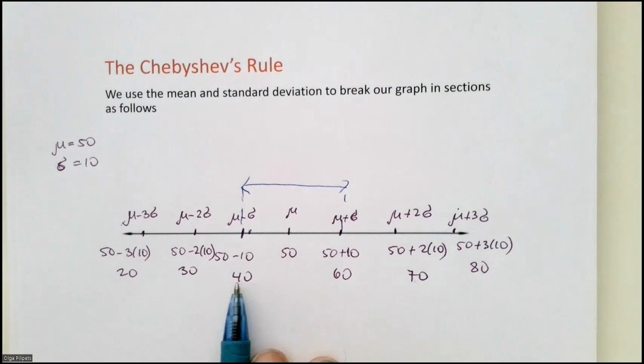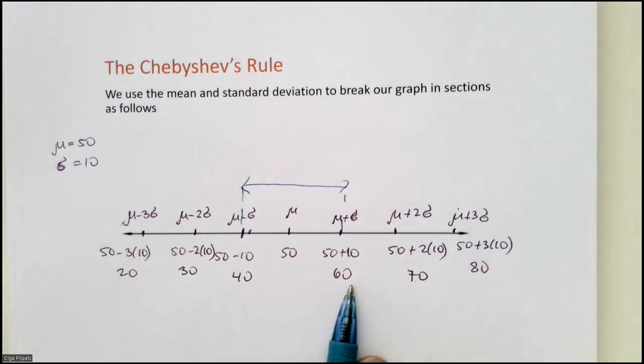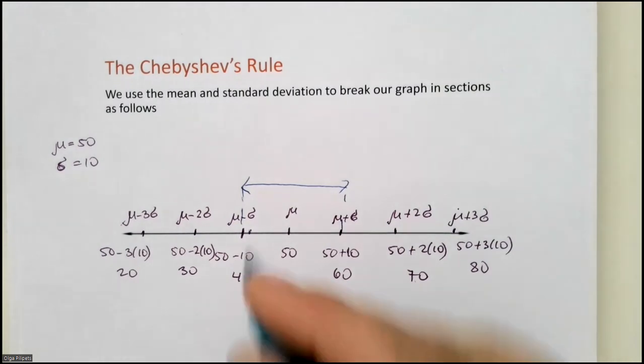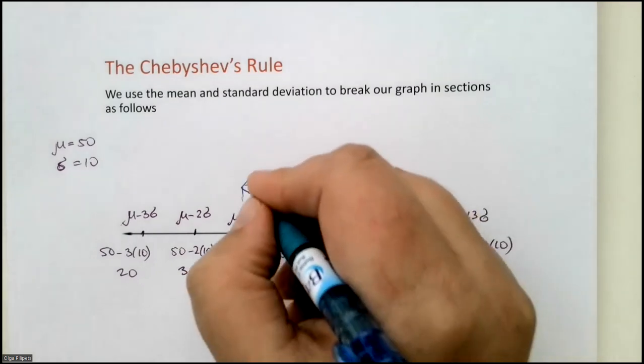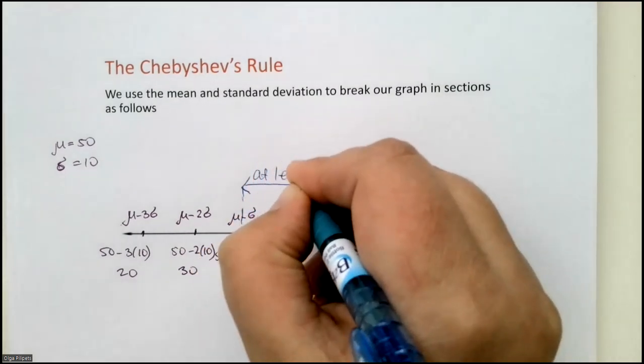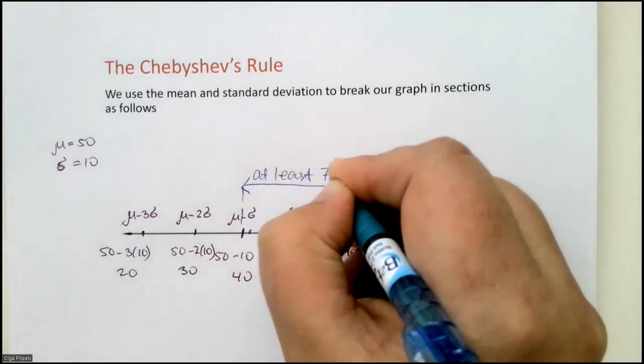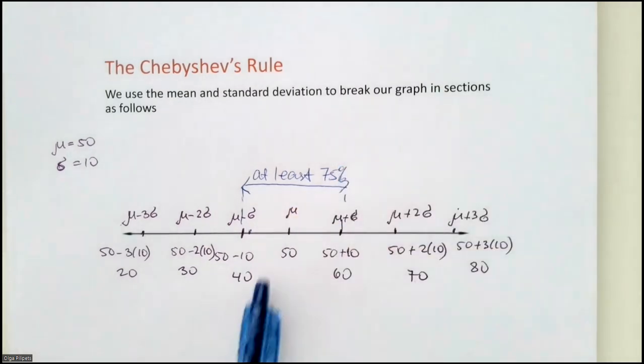So in our case, between 40 and 60, we're going to have a certain percentage. And that percentage is at least 75%. So at least 75% of the data is going to be within one standard deviation.